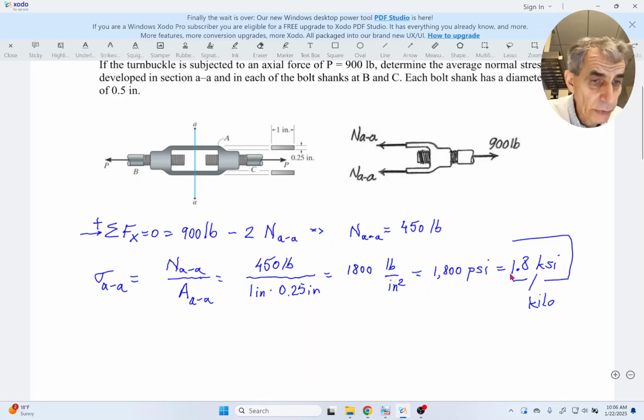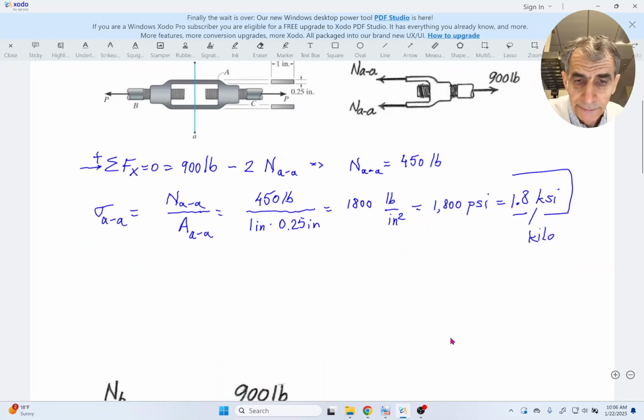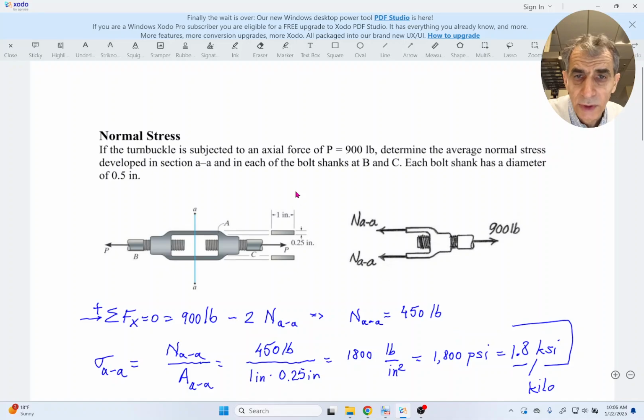Most of the time for metals we use ksi, where k comes from kilo, which in metric signifies 1000 units. In this case the units are pounds per square inch, so the result would be 1.8 kilopounds per square inch.